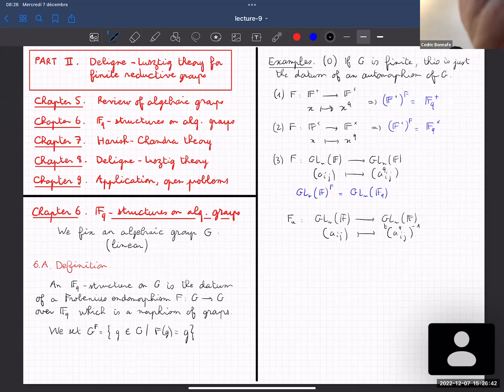In this case, the square of F_U is equal to the square of F. So we have seen that this implies that F_U is also a Frobenius endomorphism over F_q.